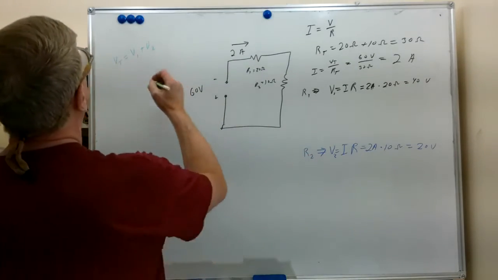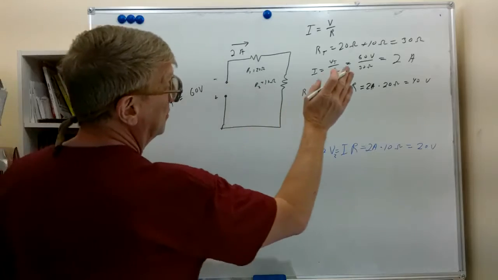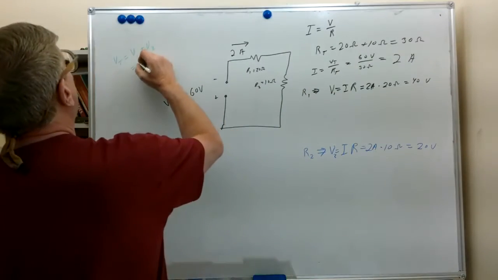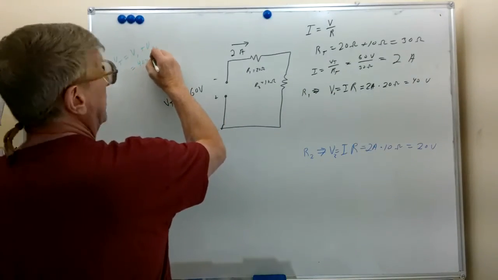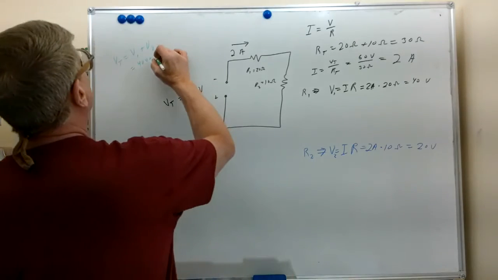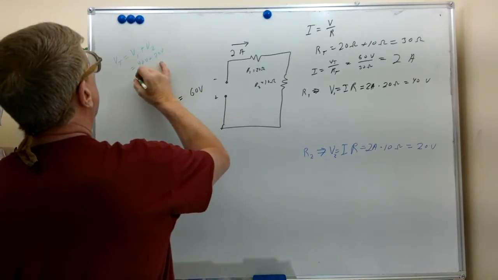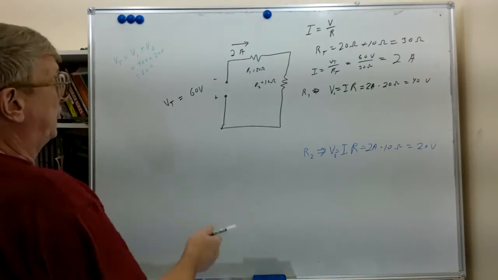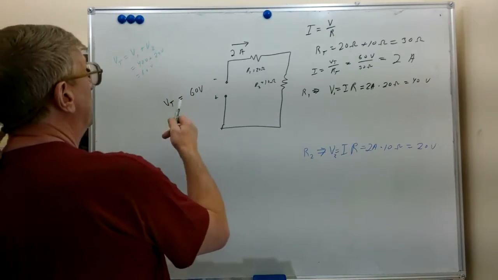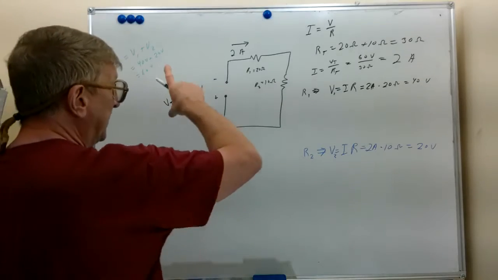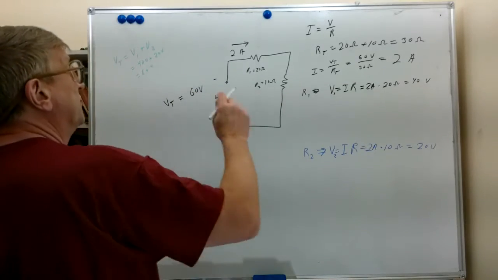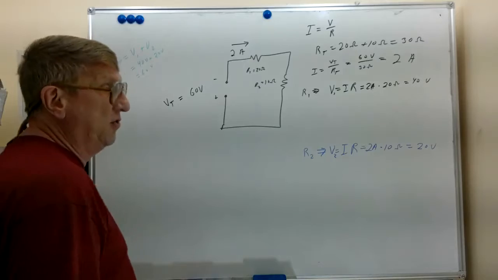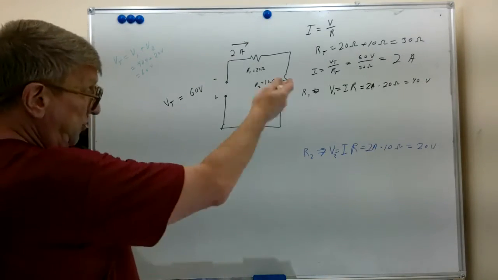We only have two. V1 was 40 volts, plus V2 we calculated to be 20 volts, and that equals 60 volts, which you see is consistent with the applied voltage. The voltage supplied by the source applied across the circuit is equivalent to the sum of the voltage drops around the loop, or through the loads.